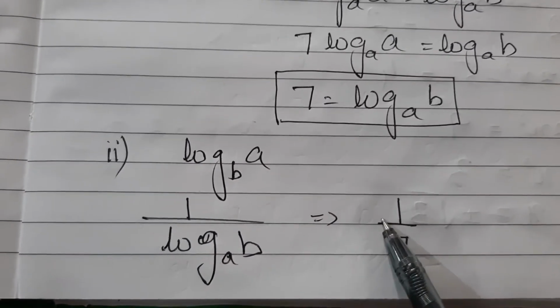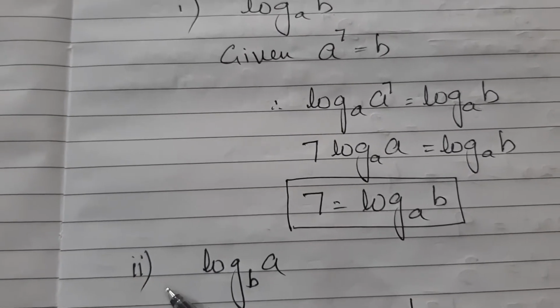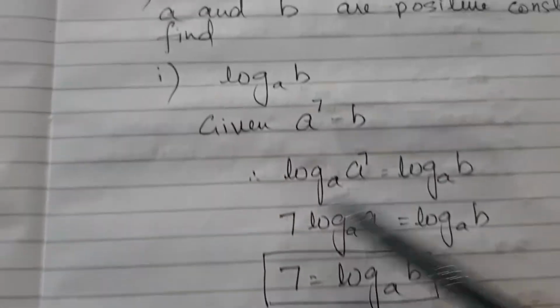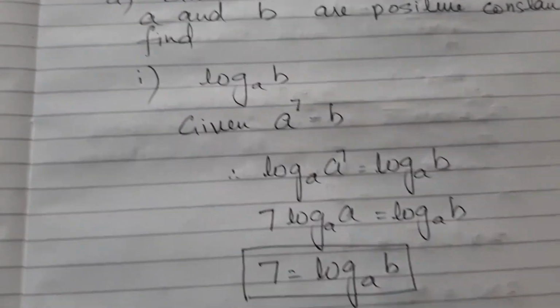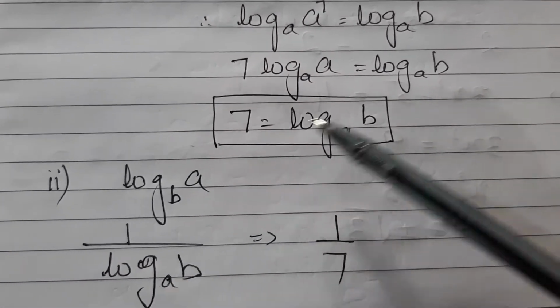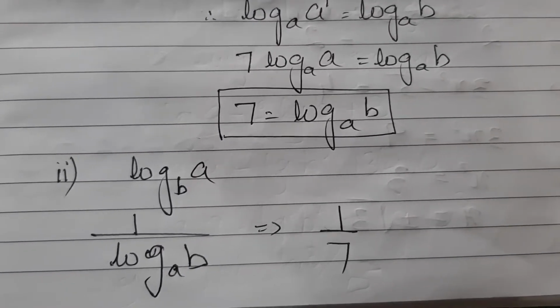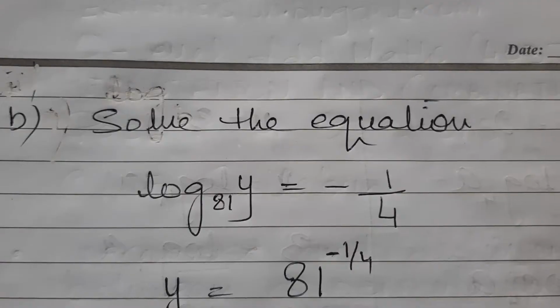When it is written like this, parts, it means they are all connected, under the umbrella of this question. So I do not need to go through all these steps again. I have just proven it, so I'm picking up the value, so it is equal to 1 over 7.